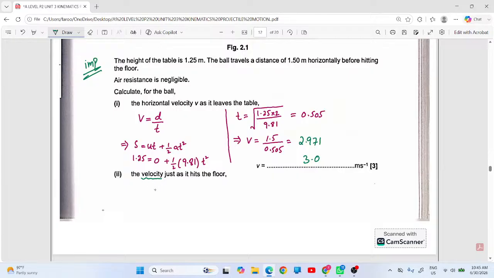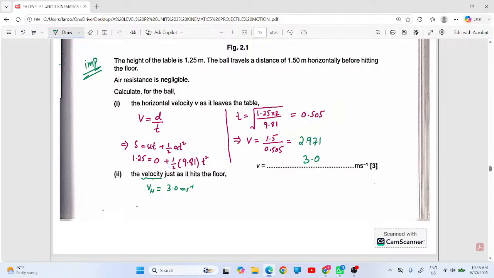Okay, now we know that the horizontal component of velocity is 2.97, 3.0 ले लेते हैं. And what about the vertical component?